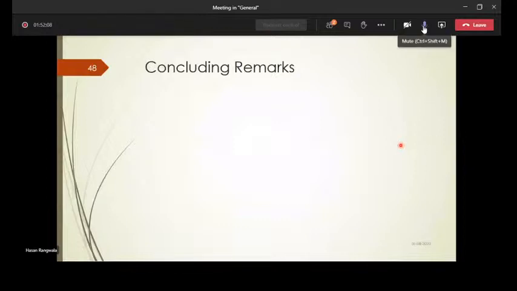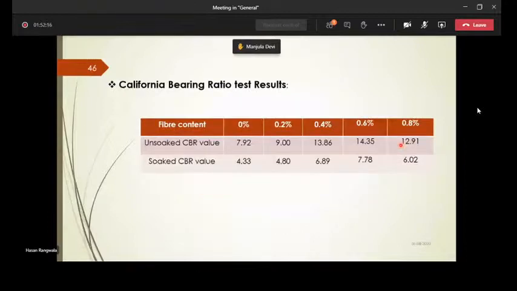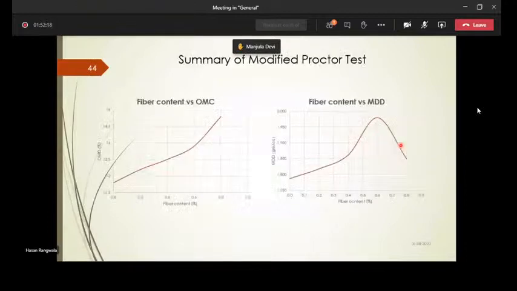May I know the minimum CBR requirements for subgrade? It depends firstly on your application pattern.